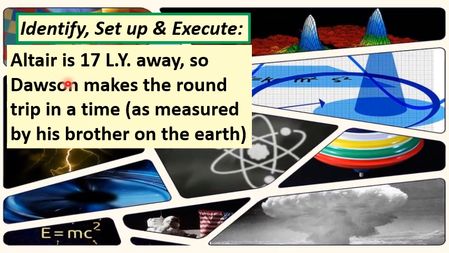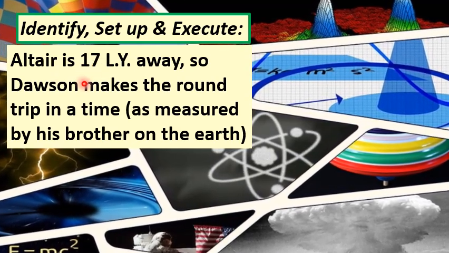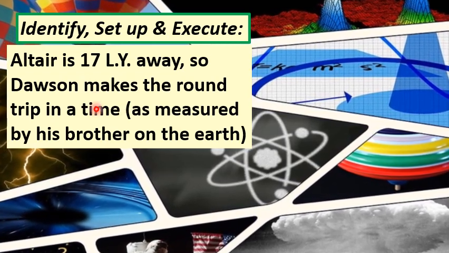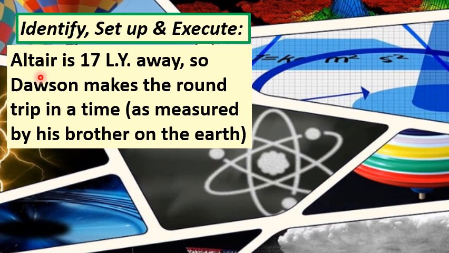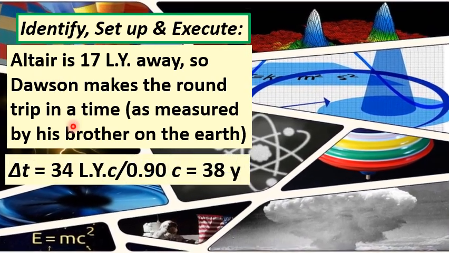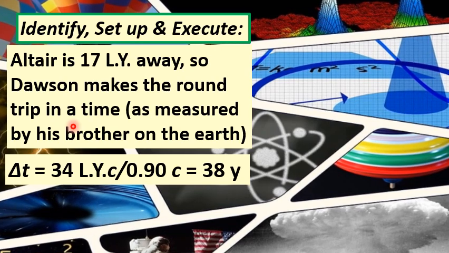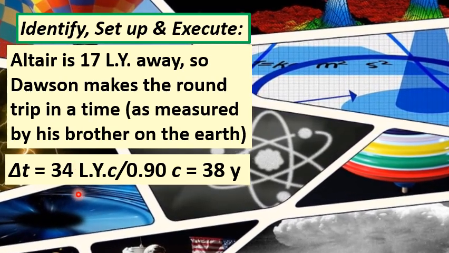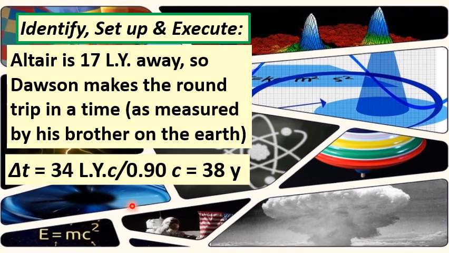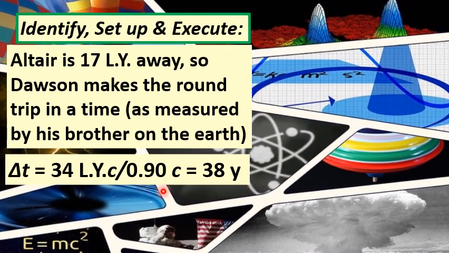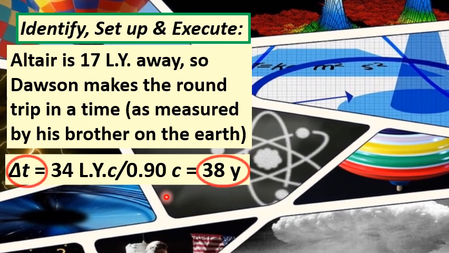Now, from Braden's perspective, Braden is the twin brother left on Earth, his brother Dawson, the space traveler, makes the round trip in a time delta t, delta t being equal to 34 light years times the speed of light c divided by 0.90 the speed of light, which when computed will be equal to 38 years.